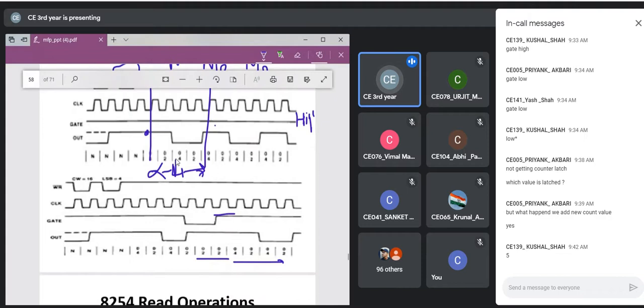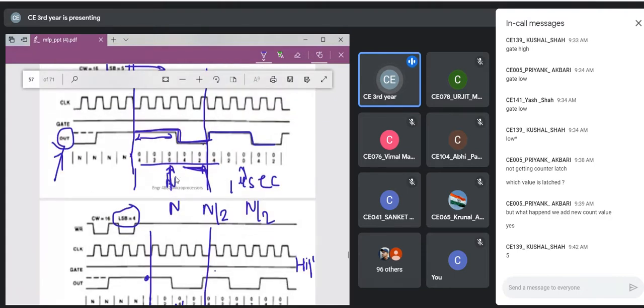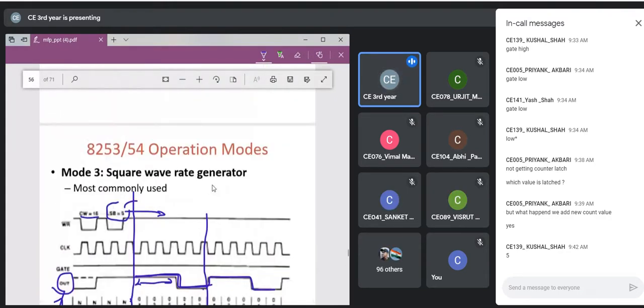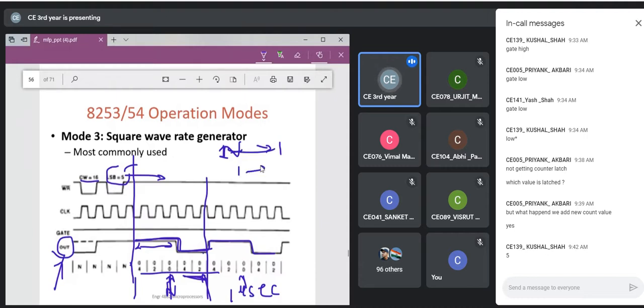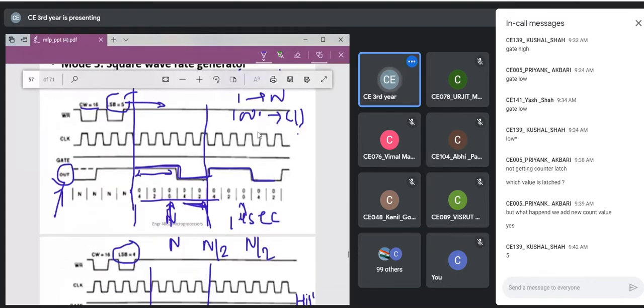That is, n clock pulses were required for a period. So if one period comes in n clock pulses, then for 1000 periods, how many clock cycles will be required? It will be 1000 into n.